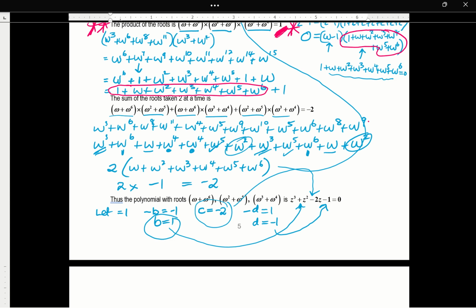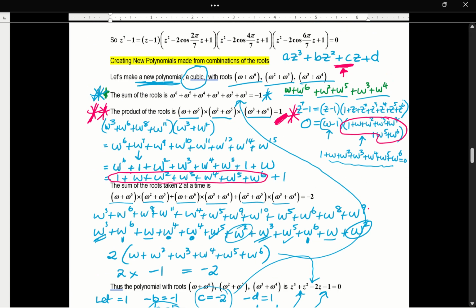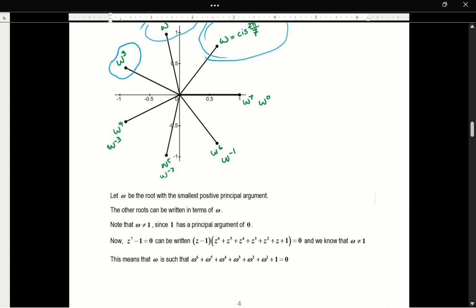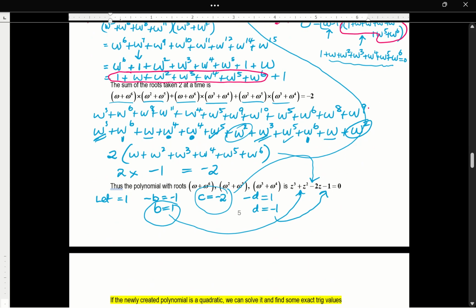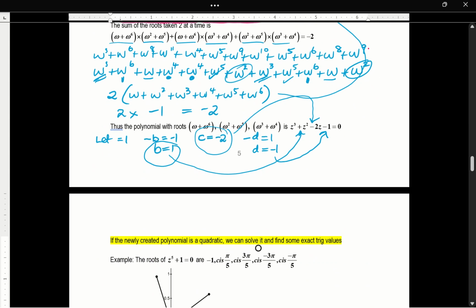And those are actual roots of that polynomial. So, for example, w plus w6 is, when you look up here, w is cis 2 pi on 7, and w6 is cis minus 2 pi on 7. So one of the roots is cis 2 pi on 7 plus cis minus 2 pi on 7.